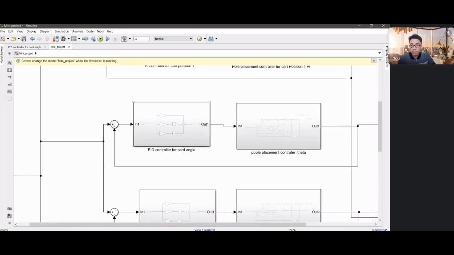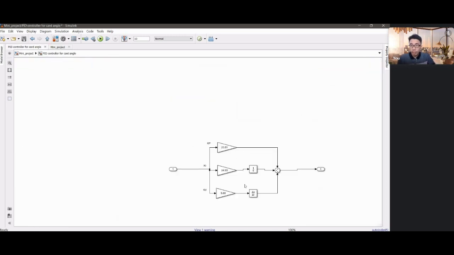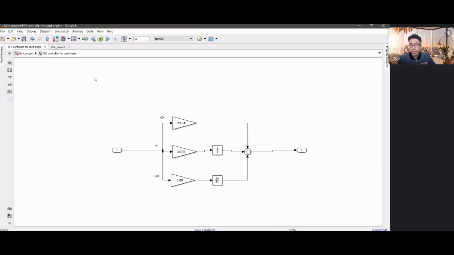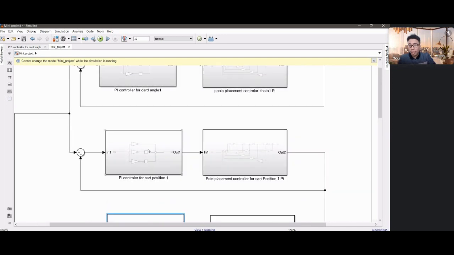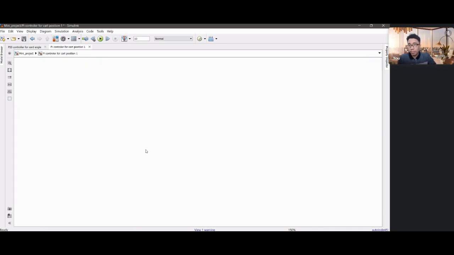And then this is the PID controller output that we get from the calculation, and then this is for the PI controller.